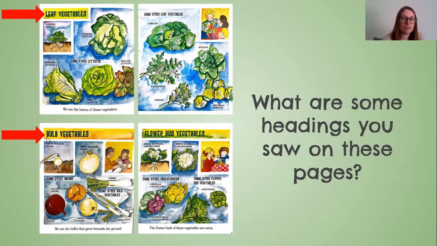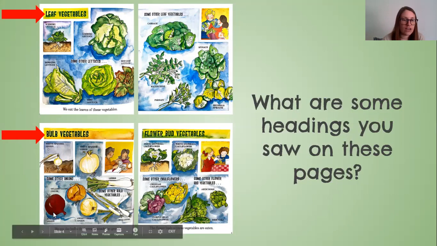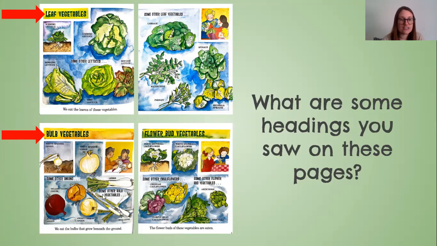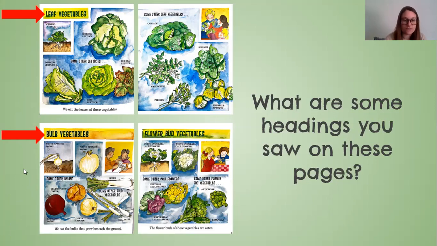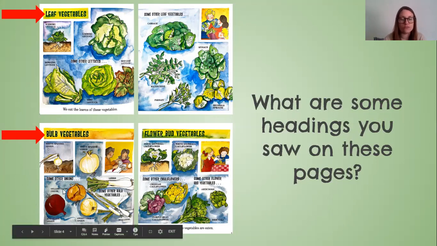Down here, bulb vegetables: white Spanish onion, some other onions, yellow onion, red onion, sweet Vidalia onion, leeks, scallions. So it says we eat the bulbs of these vegetables that grow beneath the ground.